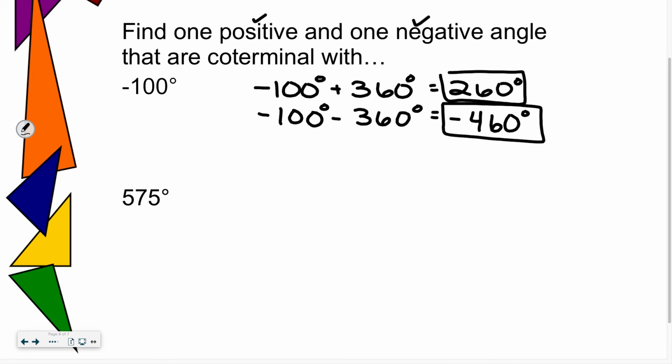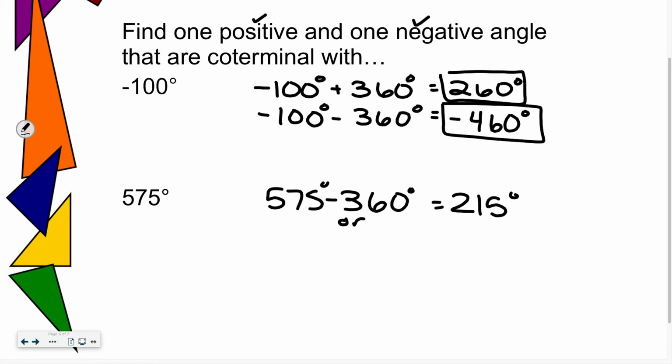So one way to do it would be 575 minus 360, which Jacob is telling me is 215. Or couldn't I do 575 plus 360? Would that also be okay? Yeah, that's going to be 935. Okay. Either one of those is fine for positive.